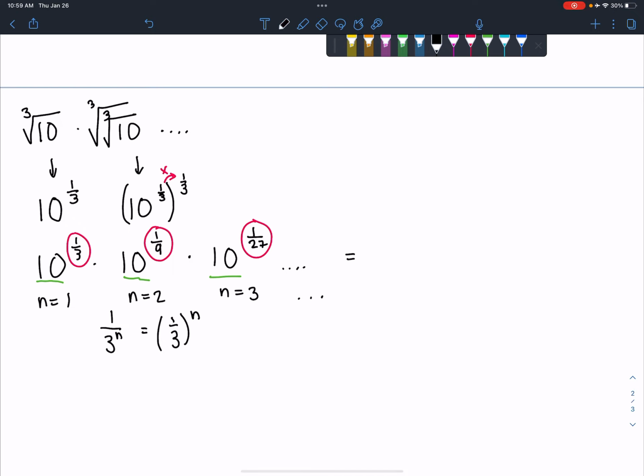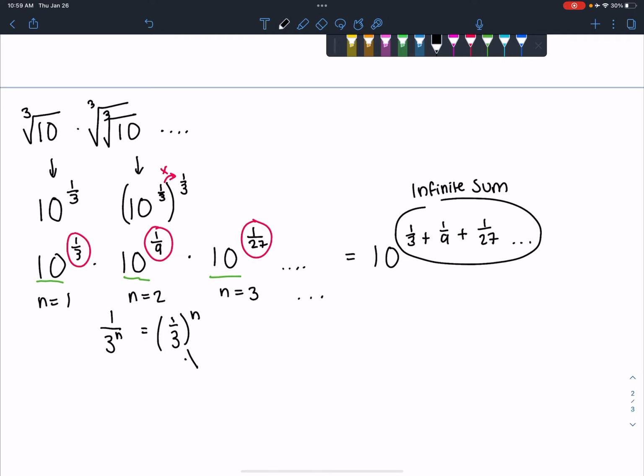So the result is 10 to the 1/3 plus 1/9 plus 1/27. We can consider this as an infinite sum or a geometric series, considering there's one number that multiplies by itself continuously, right? So we can say that this is the sum from n equals 1 of 1 over 3 to the n power.